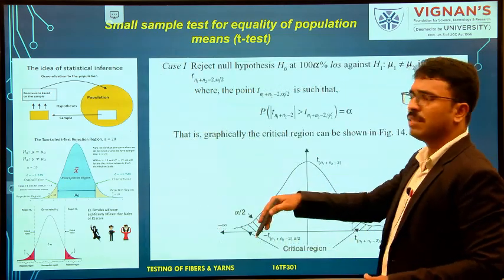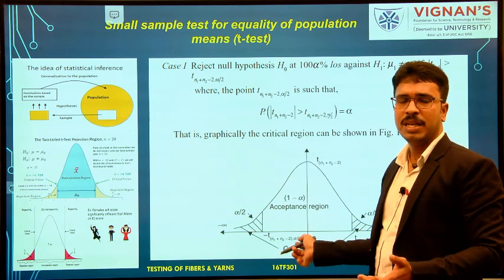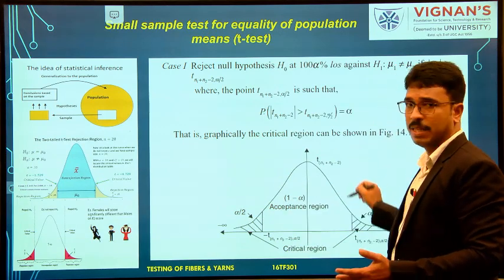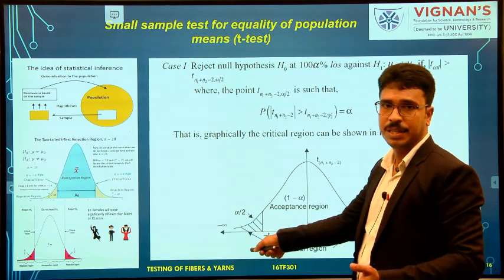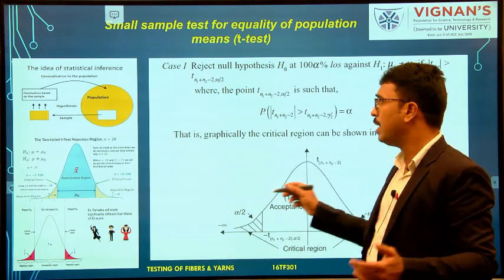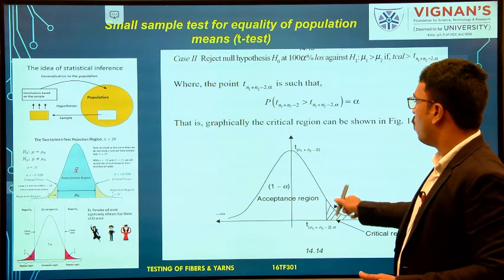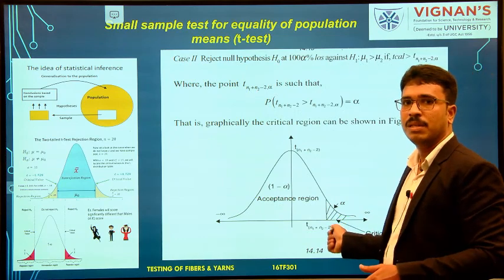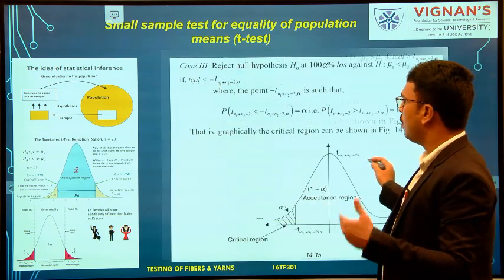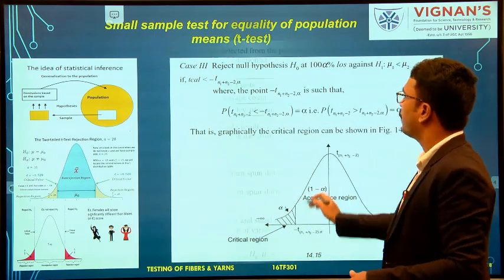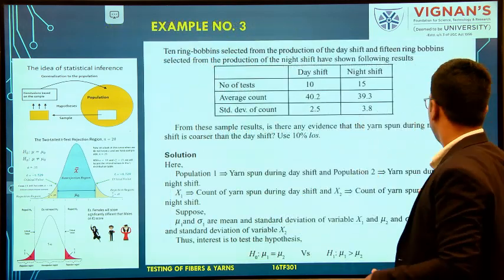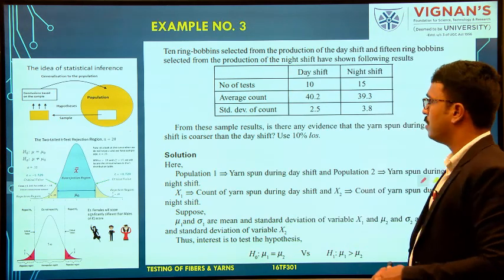And the same way, the acceptance and rejection criteria come from the probability density curve. In case of the two-tailed test, we have critical regions on both sides. In case of the one-tailed test, the critical region is on only one side. So based on two-tail and one-tail, we have to look at the table values in the t table. And here comes one example.